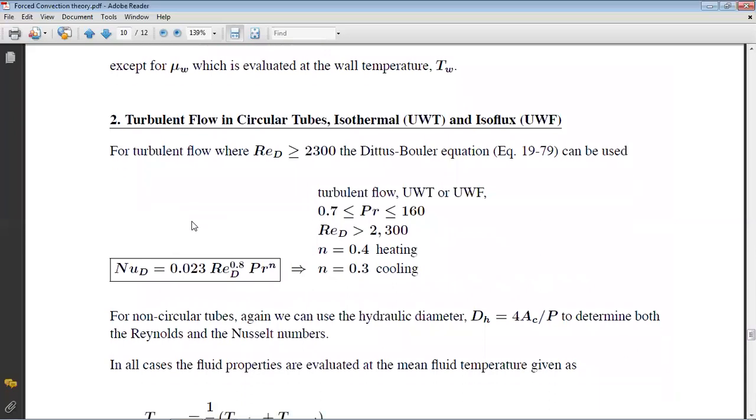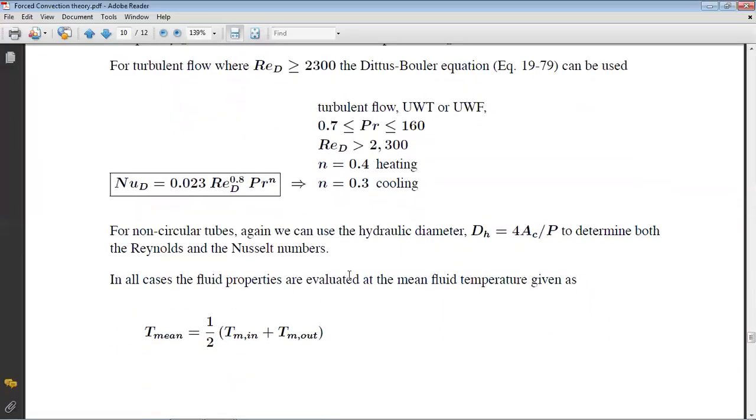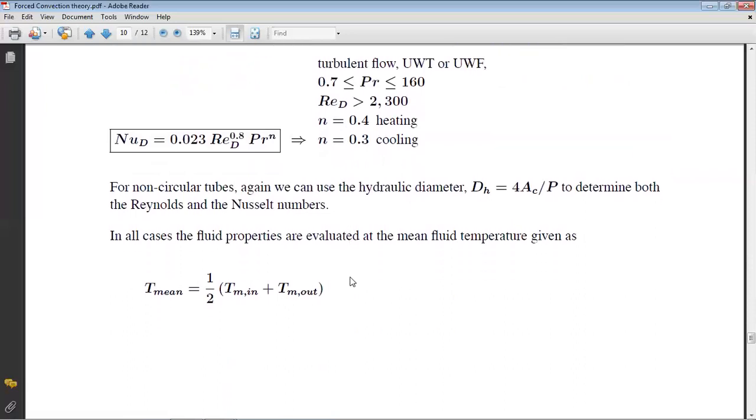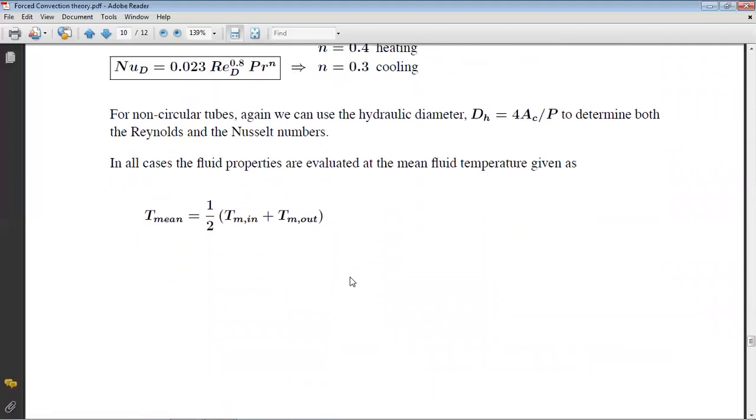It is given by Nusselt number equals 0.023 Re to the power 0.8 into Prandtl number to the power n, where n equals 0.4 for heating of the fluids and n equals 0.3 for cooling of the fluids. And generally, you will collect the properties at the mean fluid temperature.